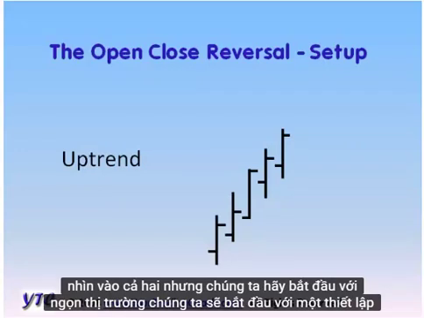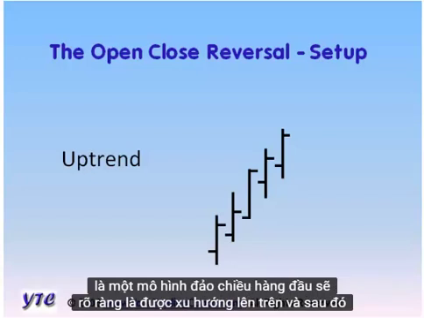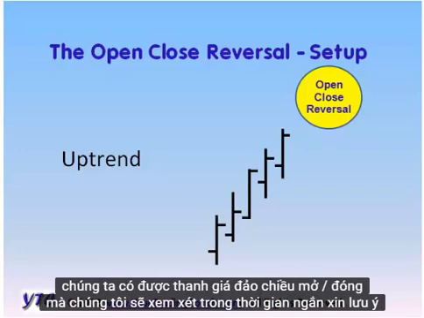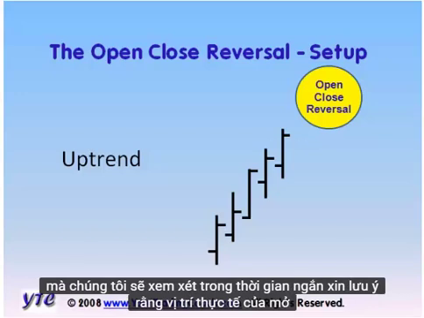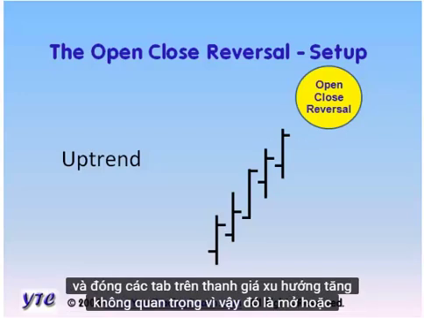We'll start with the setup. Being a top reversal pattern, price will obviously be trending upwards, and then we get the open-close reversal price bar, which we'll look at shortly. Please note that the actual positioning of the open and close tabs on the uptrend price bars is not important.